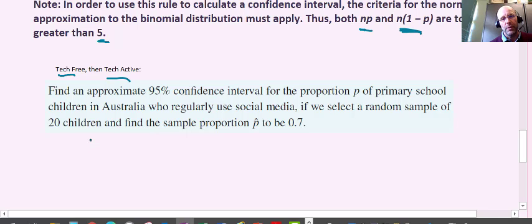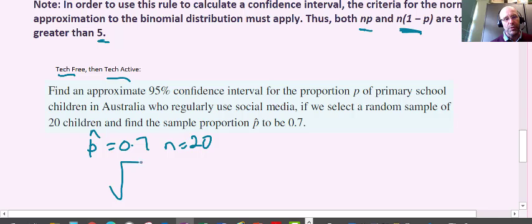So we write down the given information. We've got p hat equals 0.7, n is 20. And what we do is we chunk the formula into its constituents. Now, one part of the formula is this part here.